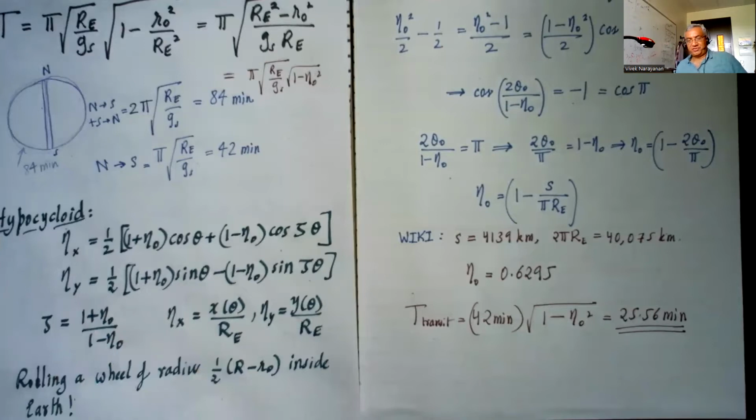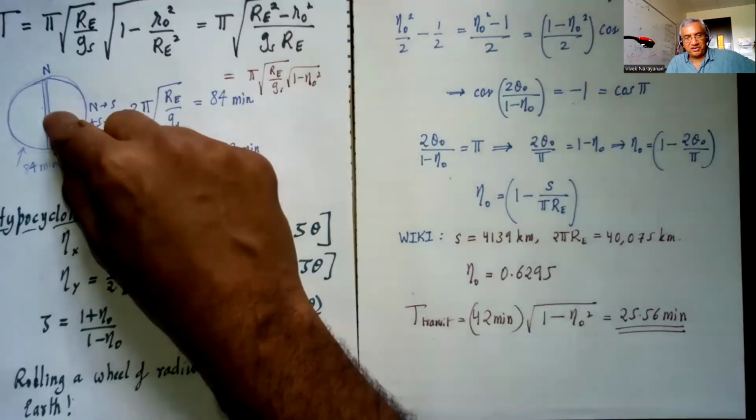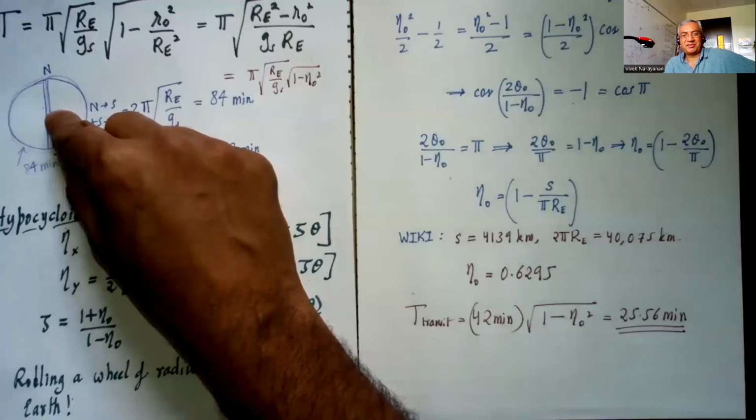Now, of course, you have to take some obvious precautions. If you calculate the speed of the particle at the center of the Earth, it'll turn out to be something like 8 kilometers per second, which is approximately 24 times the speed of sound.